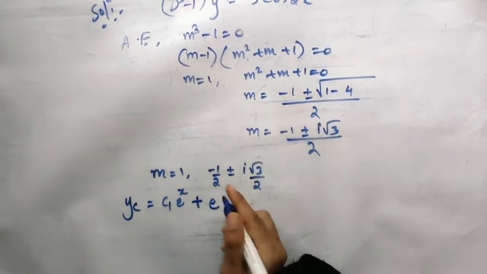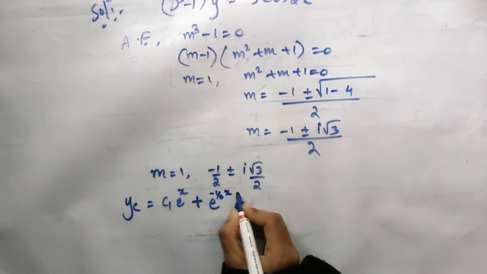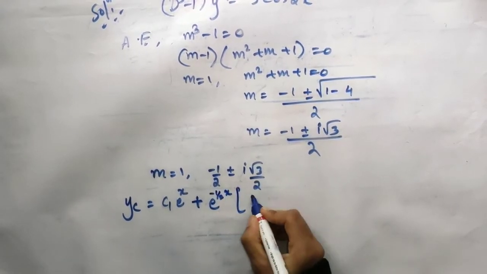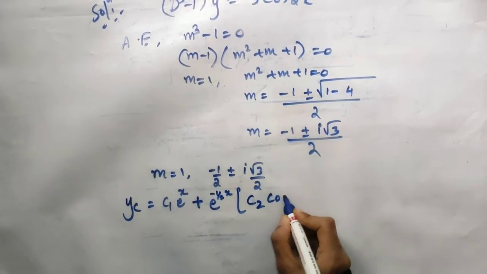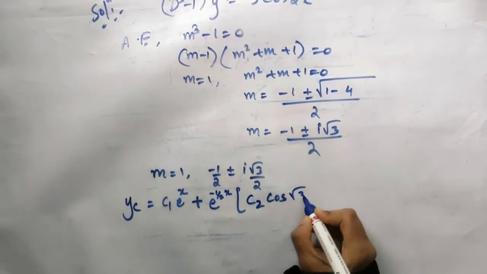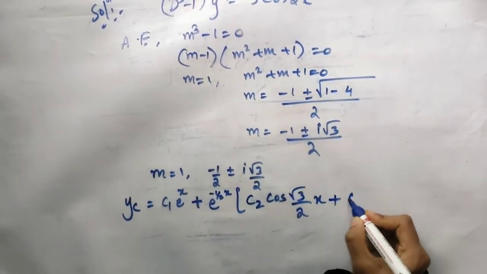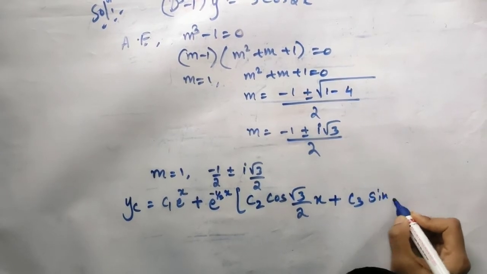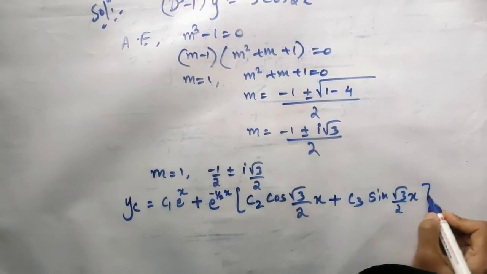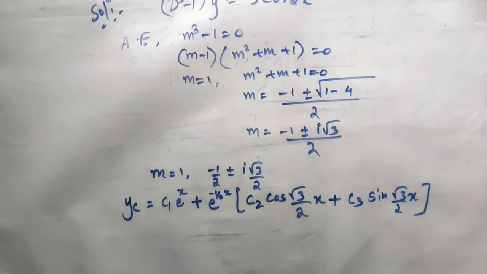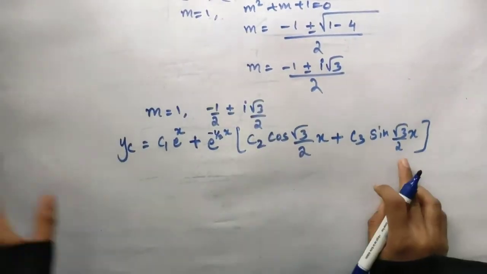What is the real part? It is minus half into x. Use another constant, say c2, cos of the imaginary part of the roots, root 3 by 2 into x, plus another constant c3 into sine of root 3 divided by 2 into x.